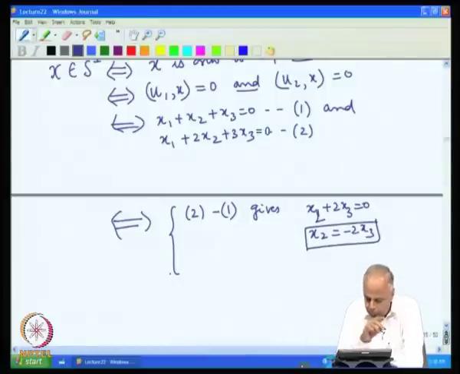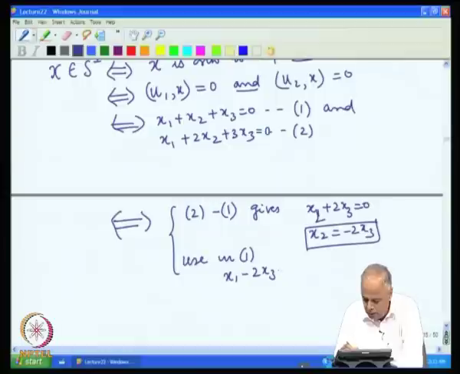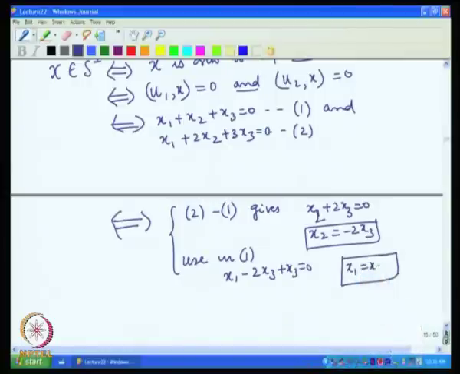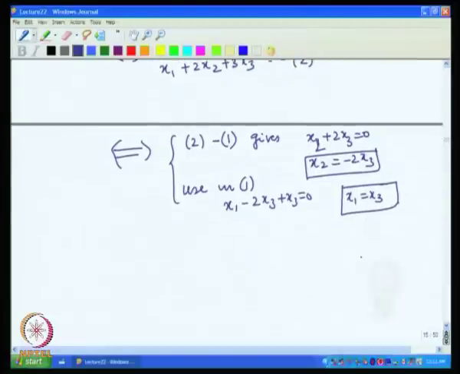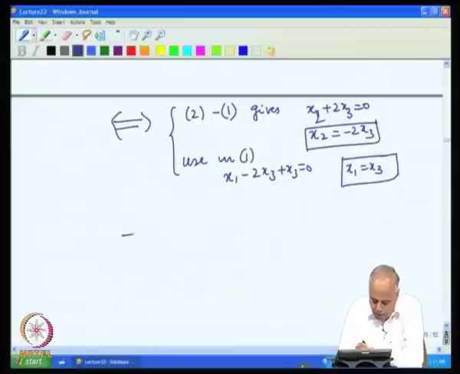If we now use this in 1, we get x 1 minus 2 x 3 plus x 3 as 0, which gives x 1 equal to x 3. So, we have x 1 equal to x 3, x 2 equal to minus 2 x 3, and x 3 can be chosen arbitrarily.